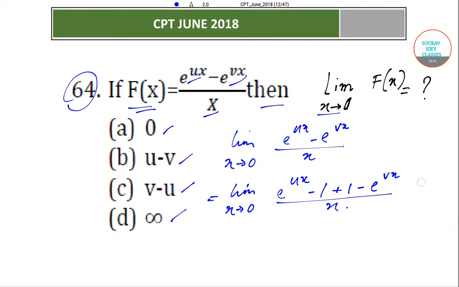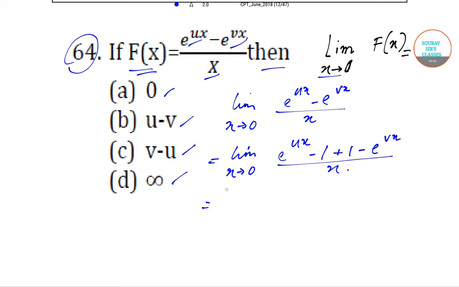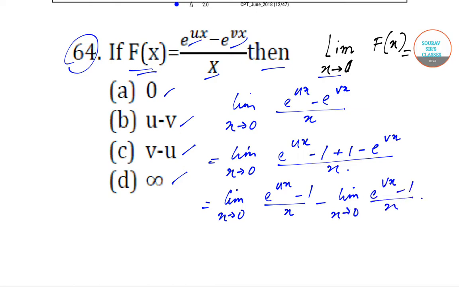We add 1 and subtract 1. So this can be further broken down as the limit as x tends to 0 of (e^(ux) − 1)/x minus the limit as x tends to 0 of (e^(vx) − 1)/x.